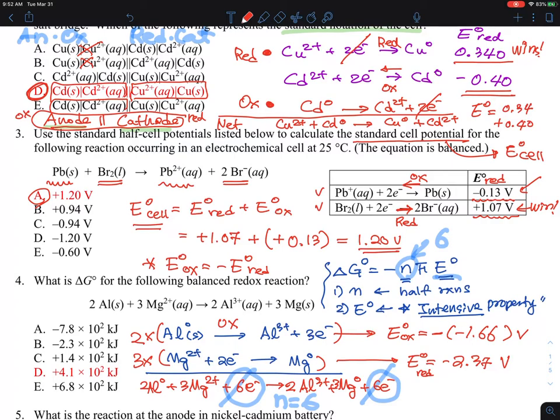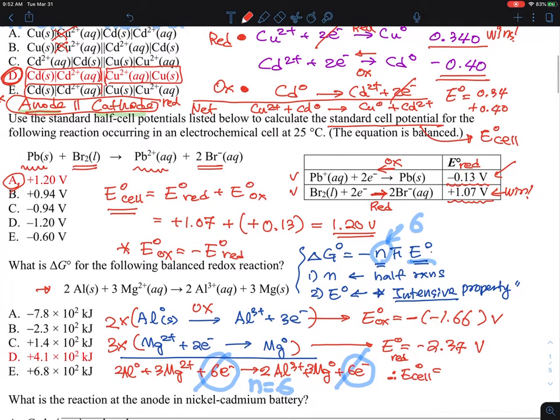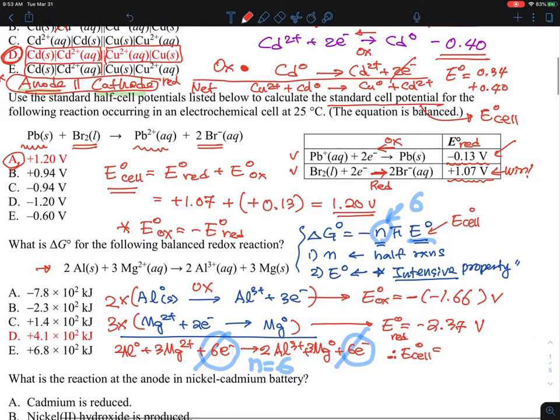As the reaction is defined in this way, this is the E cell naught for this combined equation, and you will see that it is minus 0.71 volts.